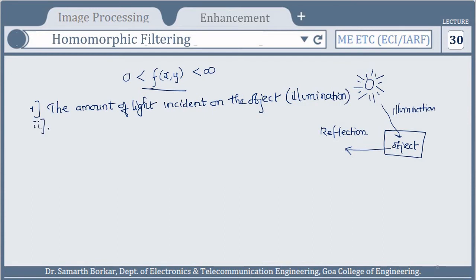Similarly, the second component is the amount of light reflected by the object.